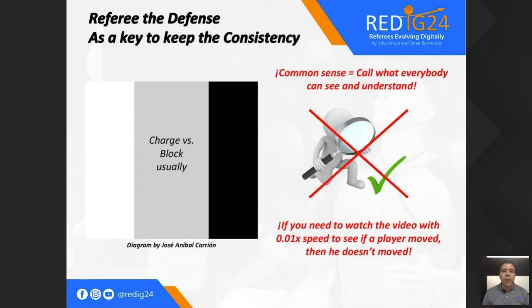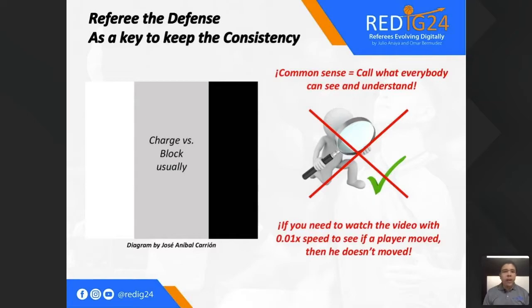And why do we talk about that? Because if we are the only person on the playing court who watched something, then maybe it's not the right thing to call.